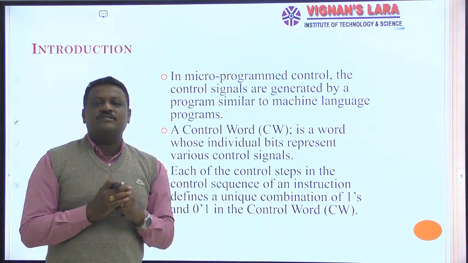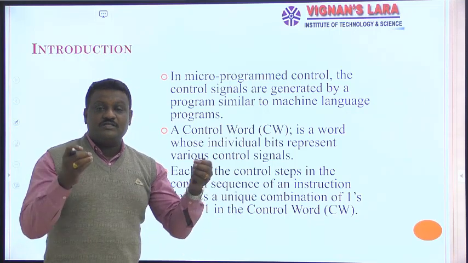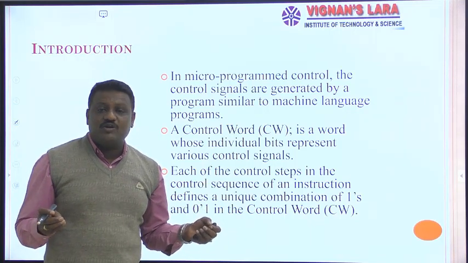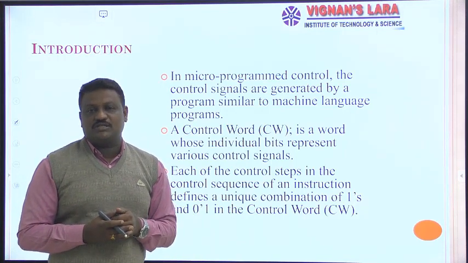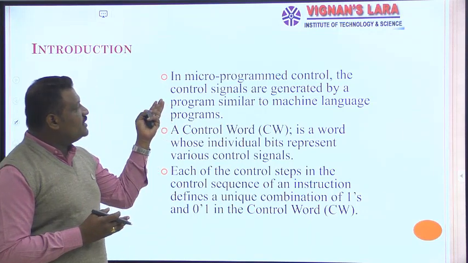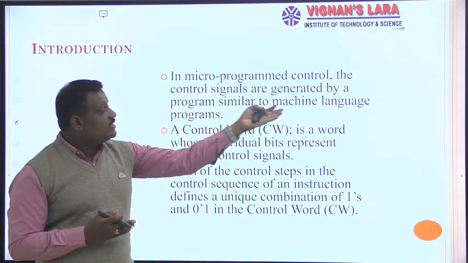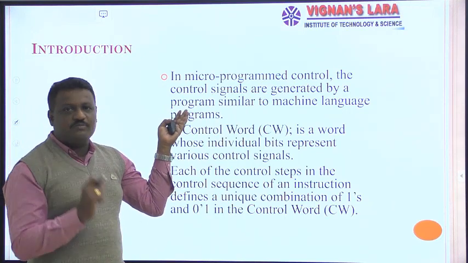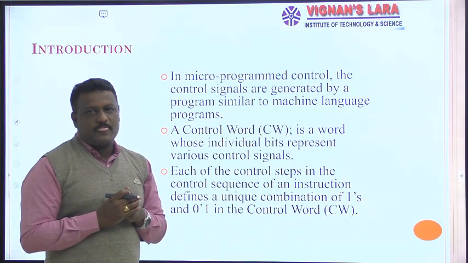If I divide an instruction into elementary elements, the elementary element in every instruction is a micro operation. To perform a micro operation, we need a microinstruction. That's why in microprogrammed control, the control signals are generated by a program, which is a microprogram. It is similar to machine language programs.